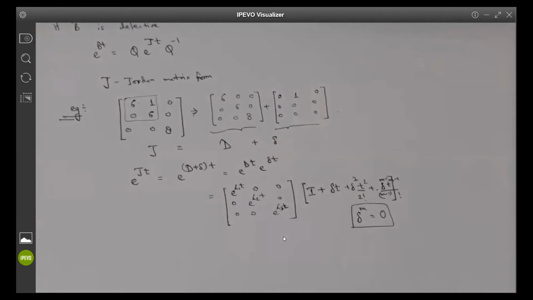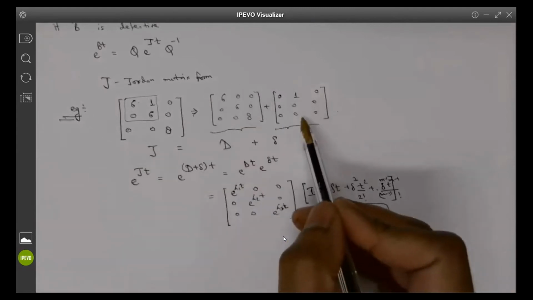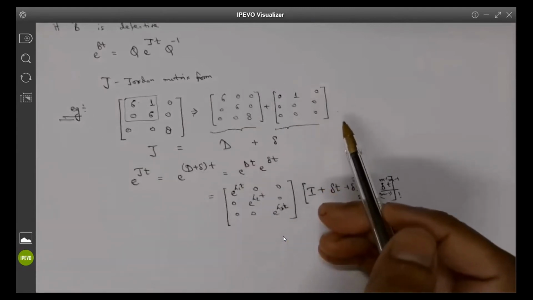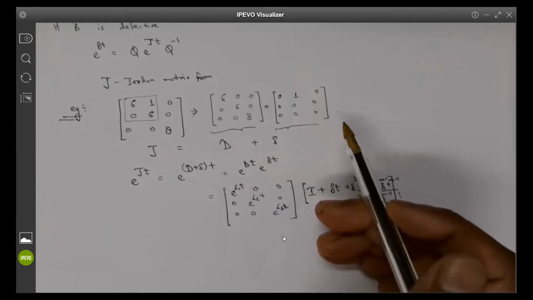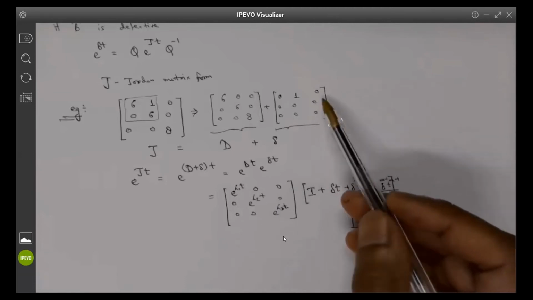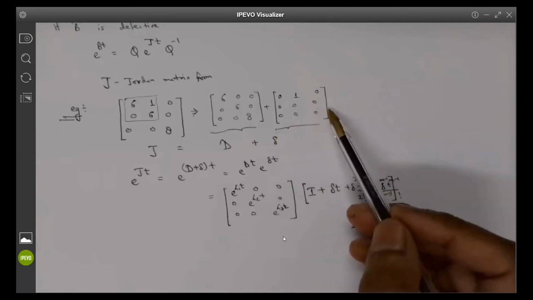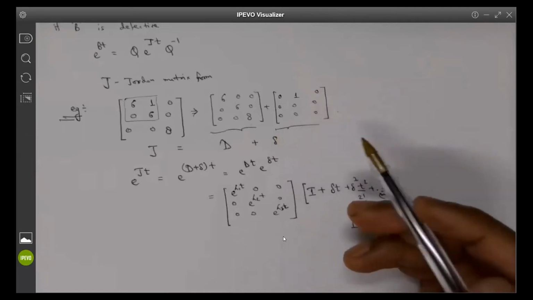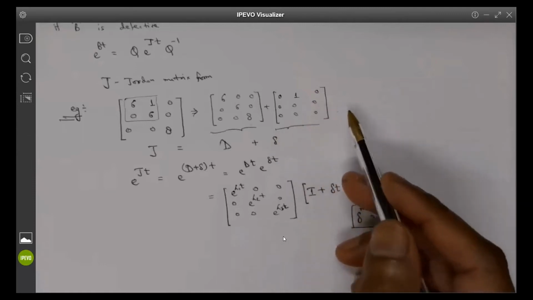Is it 1, Professor? So this multiplied by this is what? Is it 1? I don't know, but if you are getting it from MATLAB, let's say that's 1. Now you multiply it again, thrice. So delta cubed, what is delta cubed? I mean, this matrix multiplied 3 times.